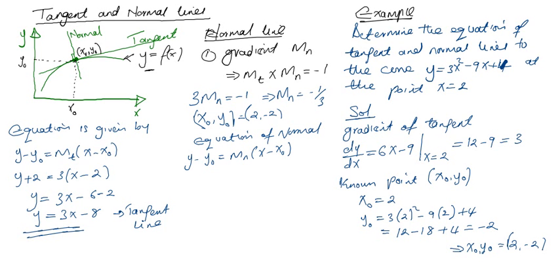So y plus 2 equals negative a third, into x minus 2. So this becomes y equals negative a third x plus 2 over 3 minus 2.